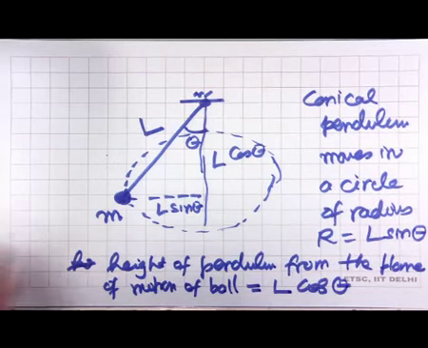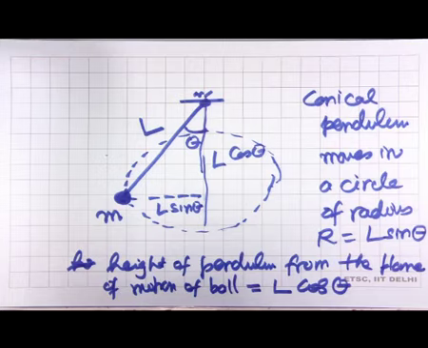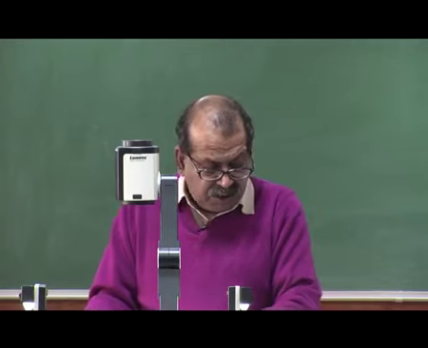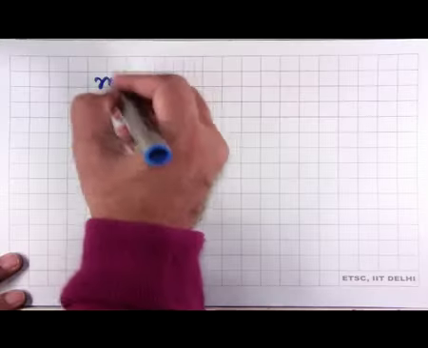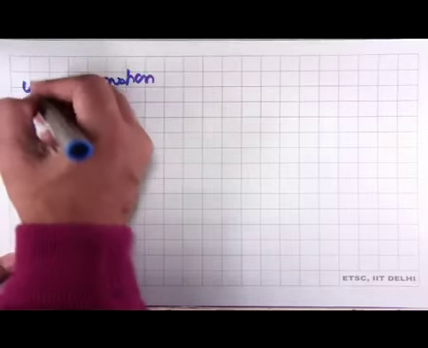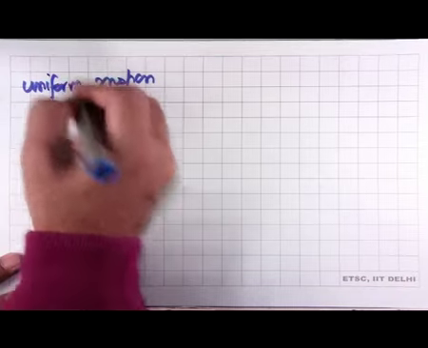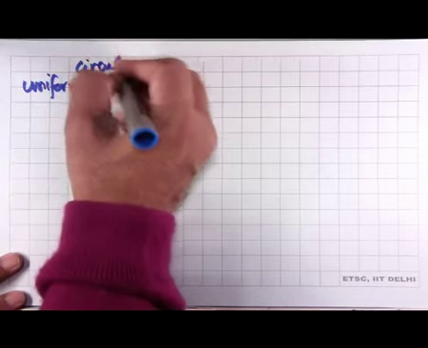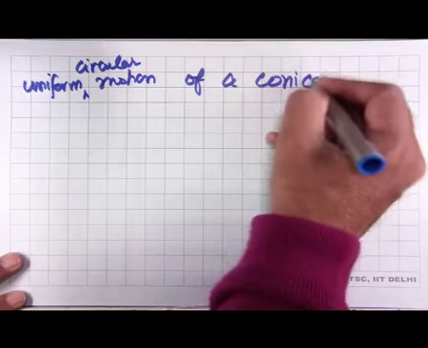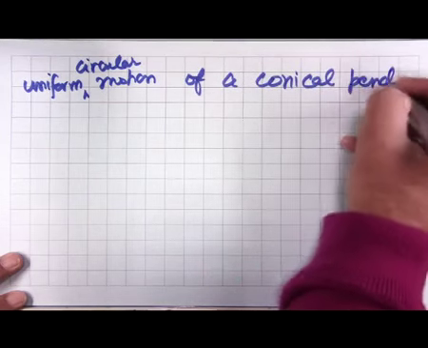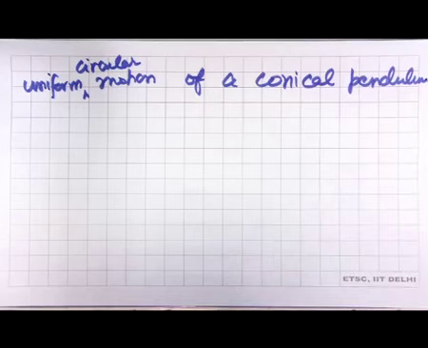And so, this is what is referred to as a conical pendulum. So, let us see the uniform circular motion of a conical pendulum, and let us try to analyze this dynamically.